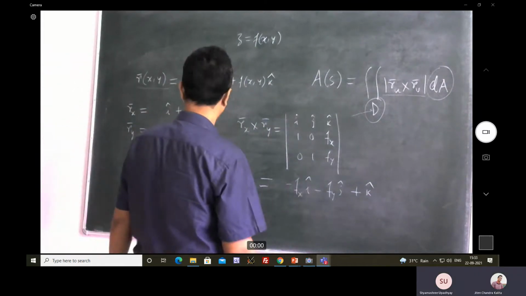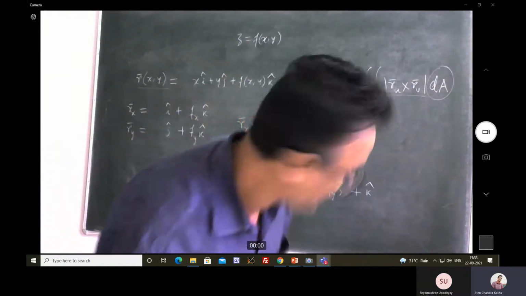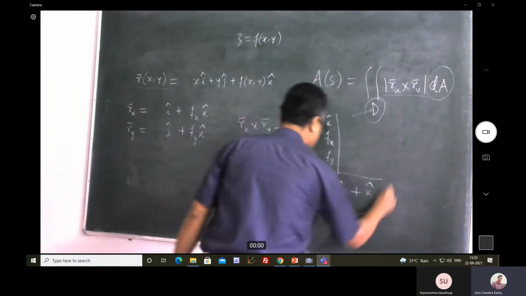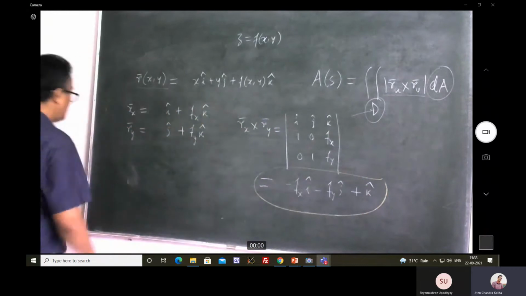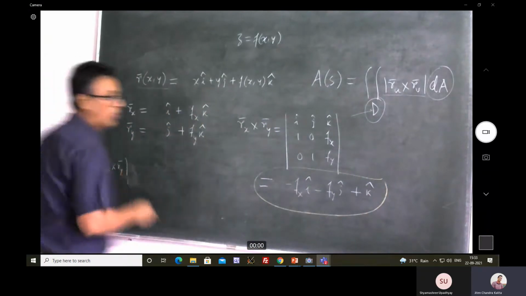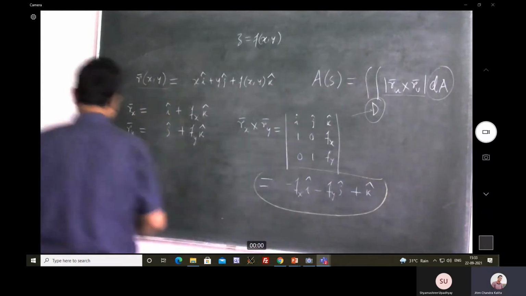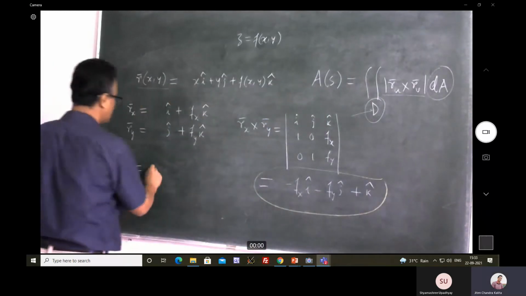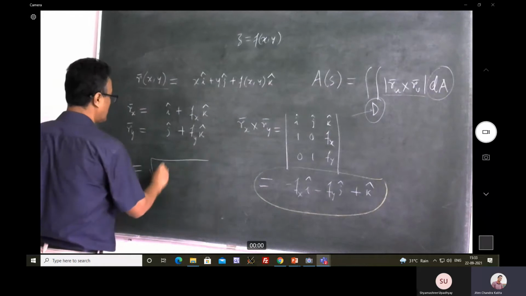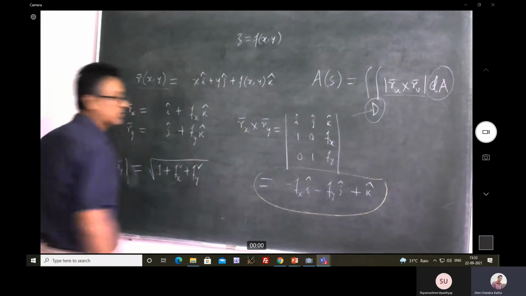So I'll come back to this again. This is a very interesting stuff here. So the magnitude of Rx cross Ry is simply going to be eventually the square root of 1 plus fx squared plus fy squared.